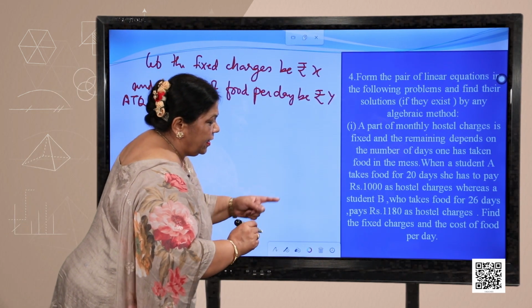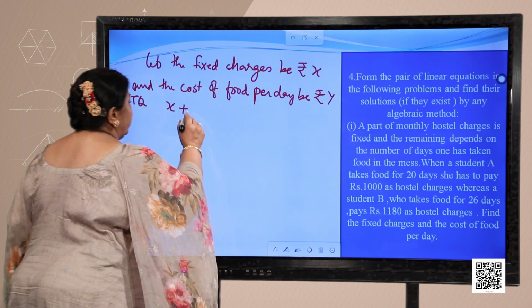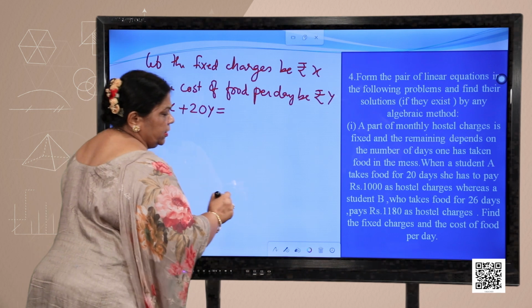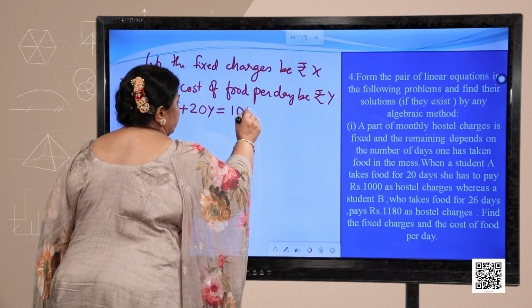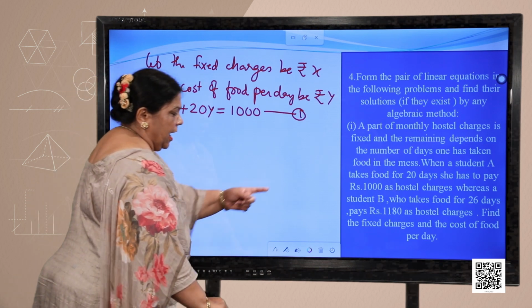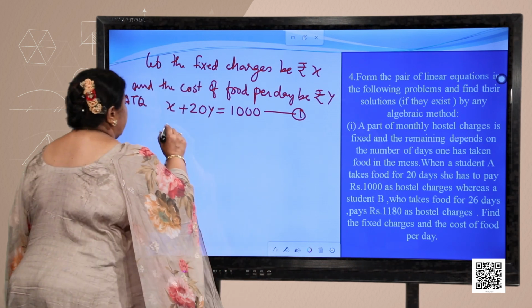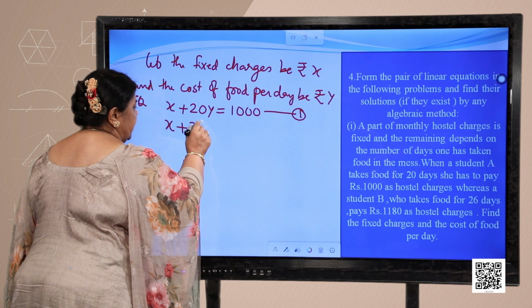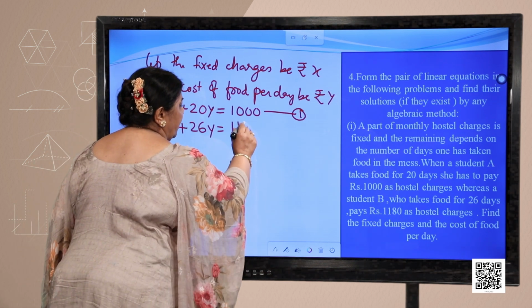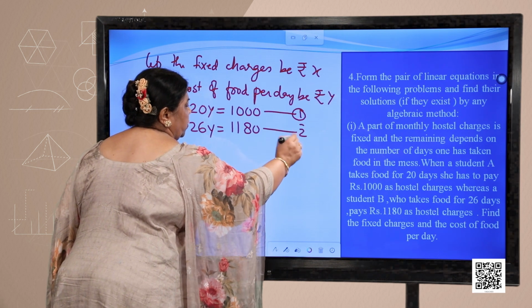For student A, she has taken food for 20 days. So, x plus 20y is equal to 1000, as she has paid 1000 rupees as hostel charges. This becomes our first equation, and for student B she has taken food for 26 days and she has to pay 1180 rupees. These are the two equations.